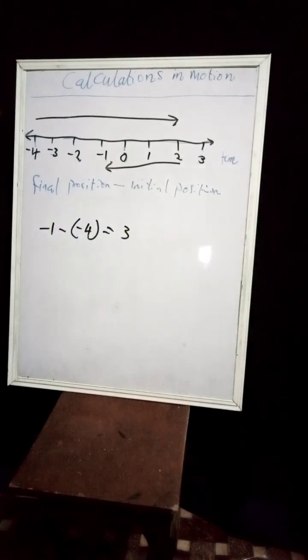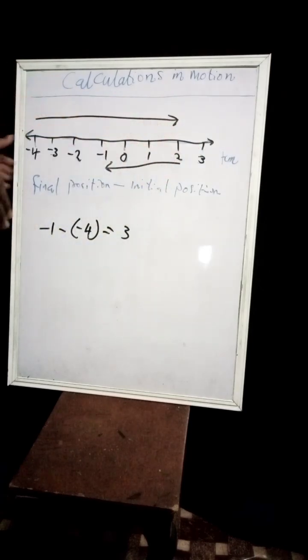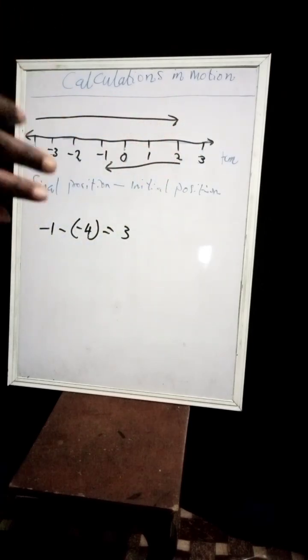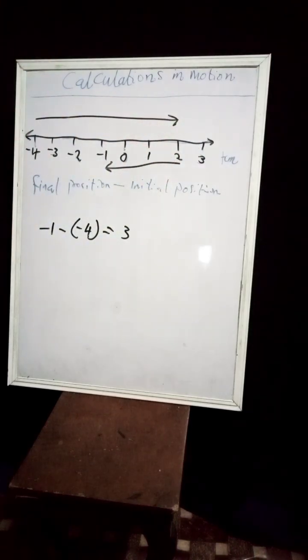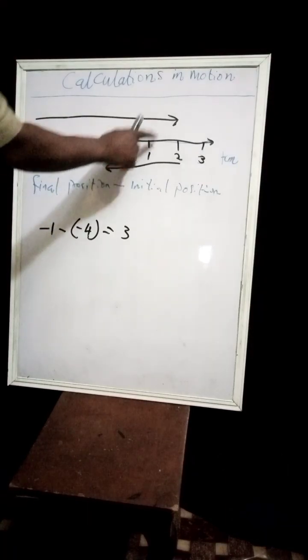We can also find this by taking another method, using the distance covered in this direction and in this direction. Then we find the difference. That will give us the displacement. The distance covered by traveling from the left to the right-hand side is 1, 2, 3, 4, 5, 6.